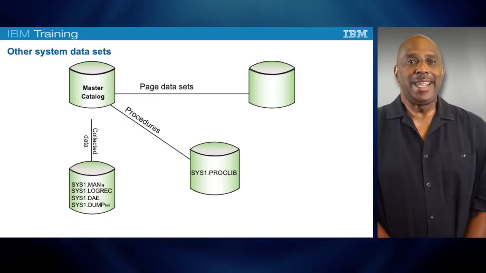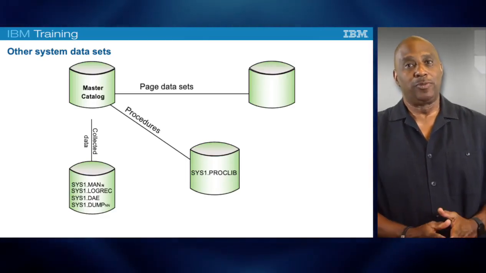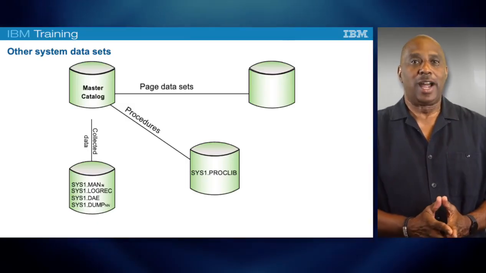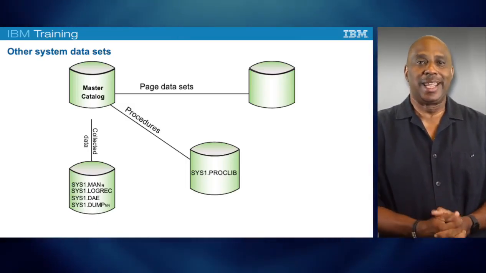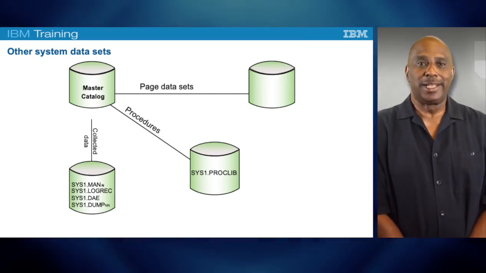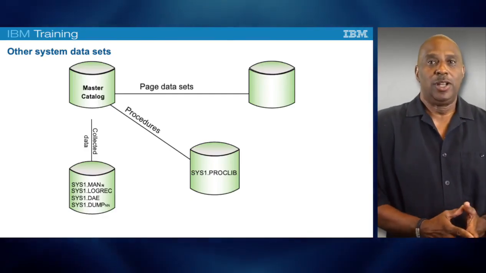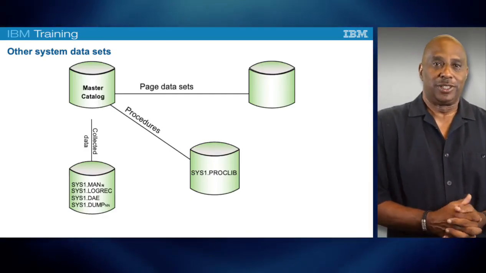The SYS1.DAE is an optional fixed block sequential data set that contains a permanent record of unique dumps identified by the dump analysis and elimination, or simply the DAE. The SYS1.DUMP data sets are optional sequential data sets that contain system dumps, which record errors of virtual storage in the case of a system task failure.